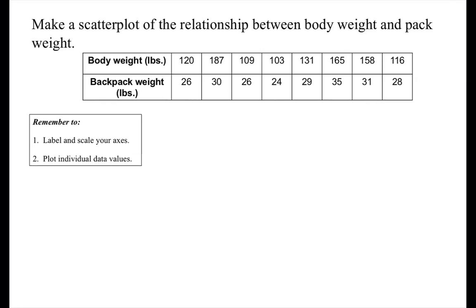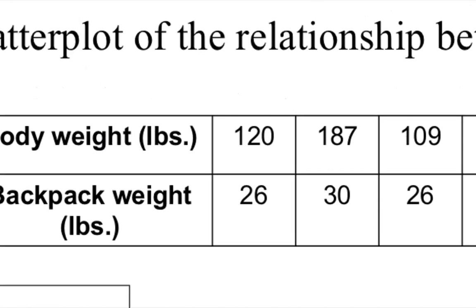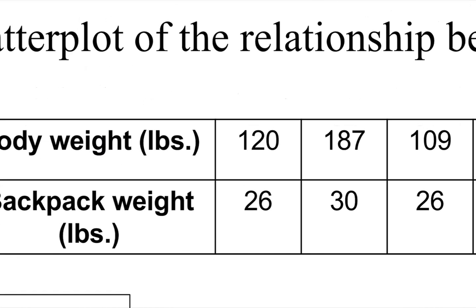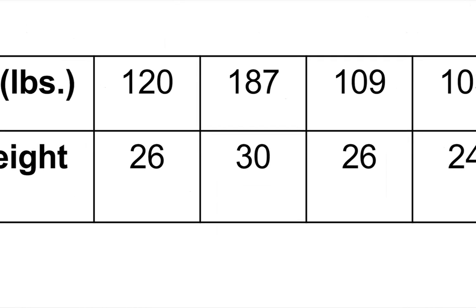What they did was measure a person. How much did they weigh? The first person right here, 120 pounds. And then they weighed their backpack. How much does their backpack weigh at that moment? 26 pounds. The next person weighed more, 187 pounds. Their backpack weighed a little bit more, 30 pounds, and so on.